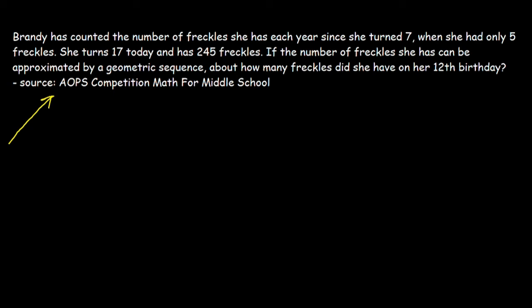And how do you identify these problems? Always remember that they're going to ask you to find the middle term, or they're going to be referring to anything that comes in the very middle of a geometric sequence. Whenever you see those kinds of problems, you always know to refer back to this method. Let's go ahead and do this.